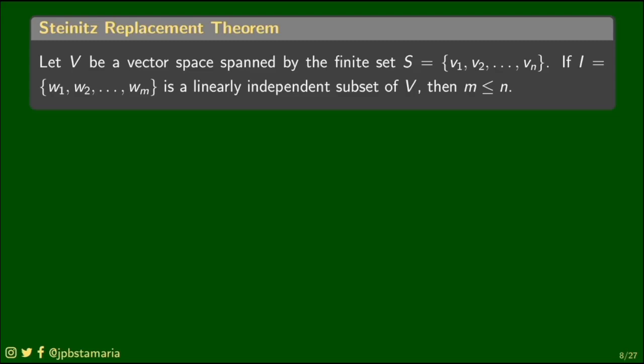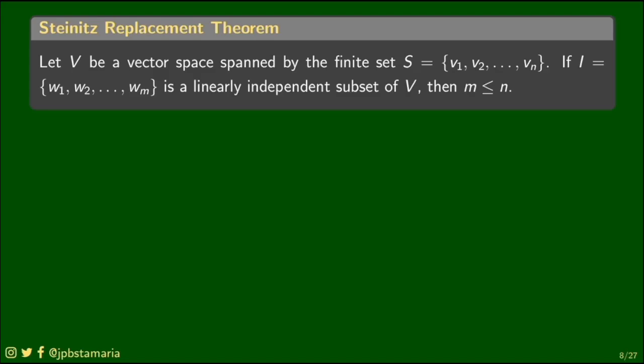In other words, let's say you have a vector space and you find a set of 7 vectors that spans the given space. What is the conclusion? You will never be able to find an independent set that has more than 7 elements.